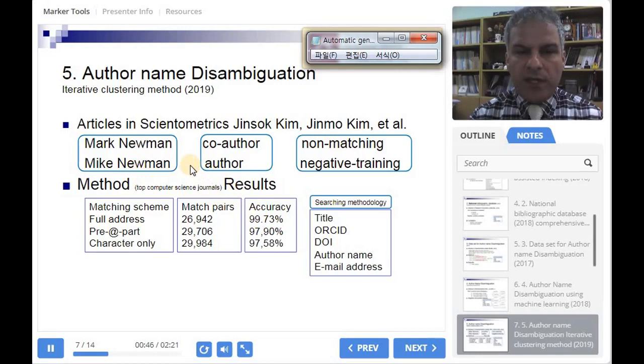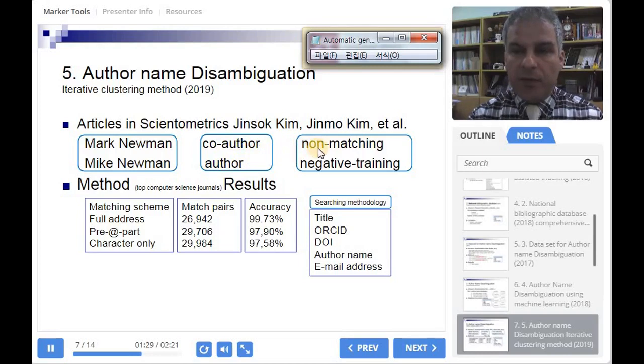This article solves 3 problems of their previous work. First, when the first initial of the name is different, machine learning cannot detect those names, and the positive and negative curves are misleading. Their second problem was if the author and the co-author have different levels of scientific background, then the machine learning is also misled.